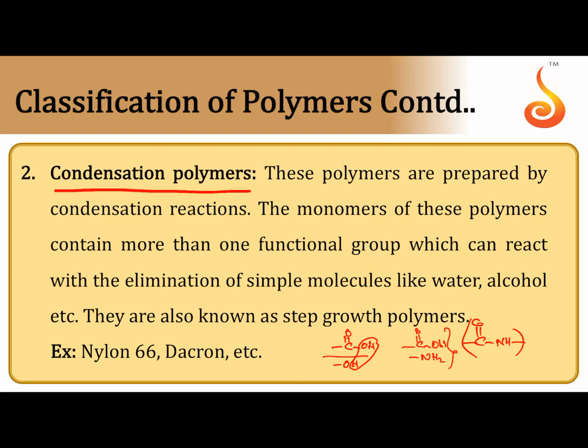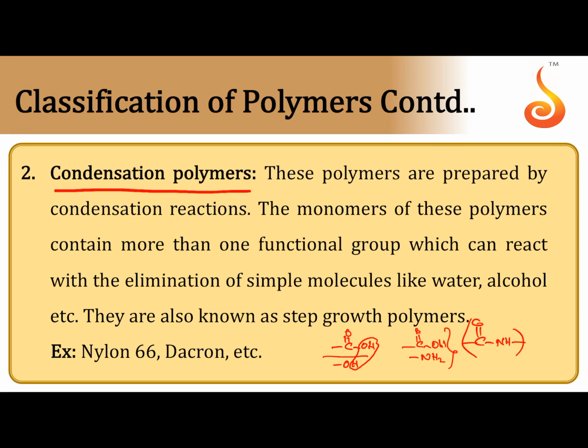So polyfunctional monomers are monomers containing two functional groups. Sometimes both the functional groups may be identical, sometimes they may not be identical. So polyfunctional monomers get condensed either by esterification or by amide bond formation.